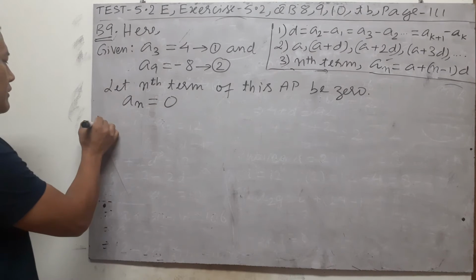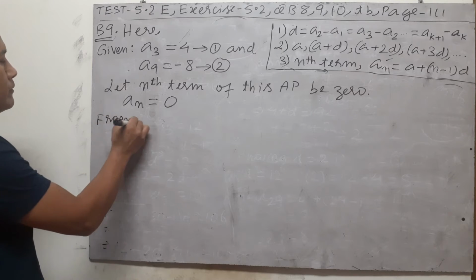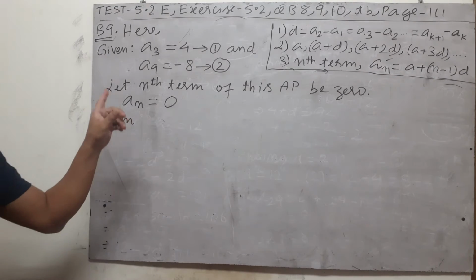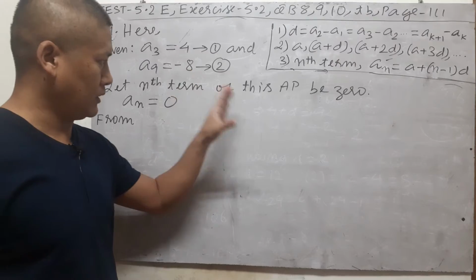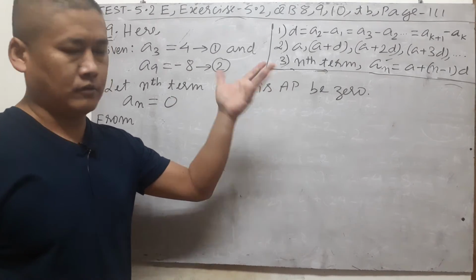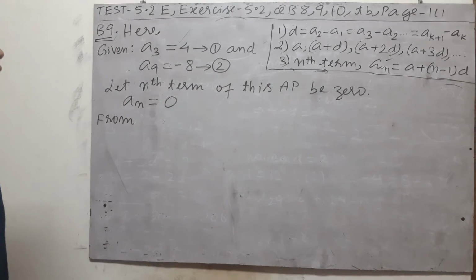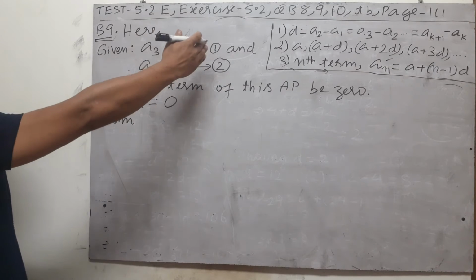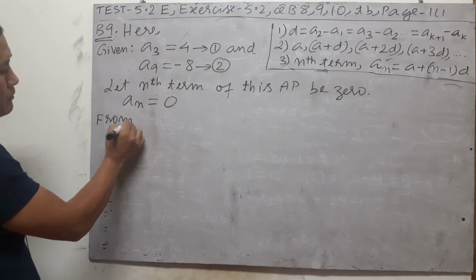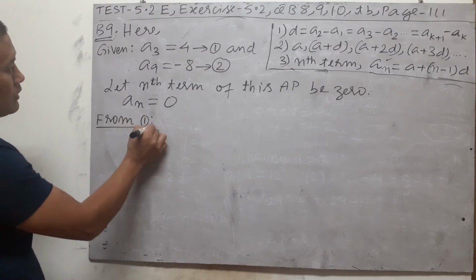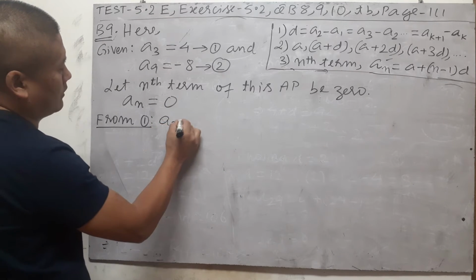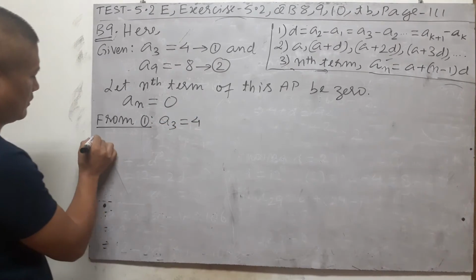So let's just write here from 1. In order to find out which term, the fifth or the seventh or whatever, has value 0, let's first find out this a and d by using these two. So from equation number 1, we have a3 is equal to 4.